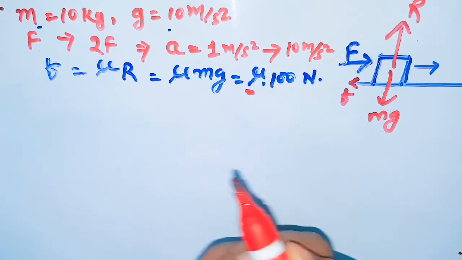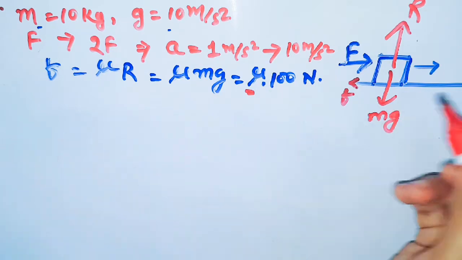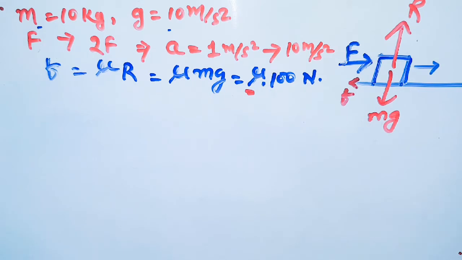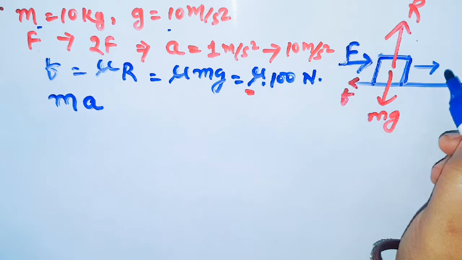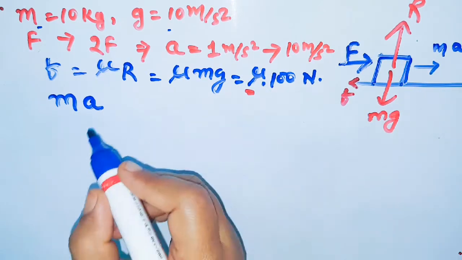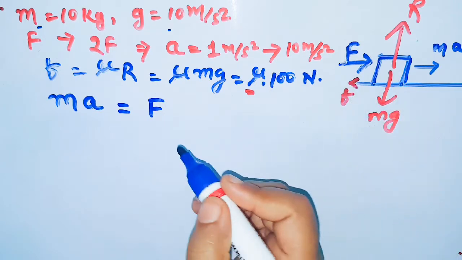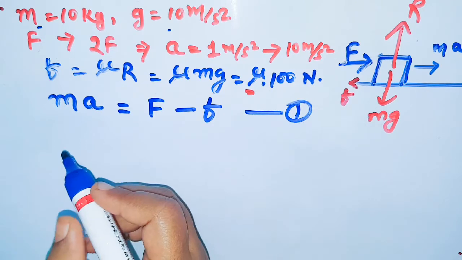To solve this question, we may note that the net forward force, which equals mass into the forward acceleration on the body, m into a, equals the horizontal force applied on the body minus the frictional force. This is the equation.